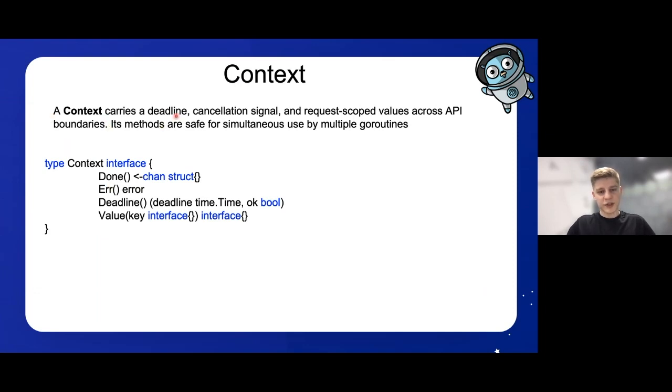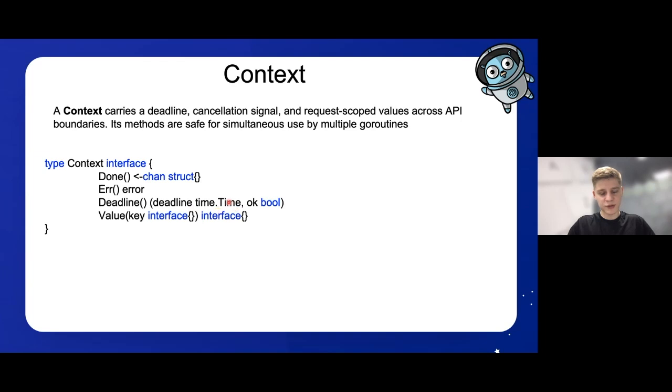So basically, context carries deadlines, cancellations, and request scope values across your API boundaries. The interface itself looks as follows. We have the Done channel, which returns an empty struct to save memory, because an int will cost you 8 bytes, but a struct costs nothing. Err, in case something went wrong.